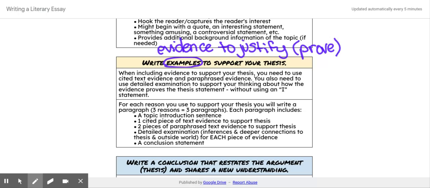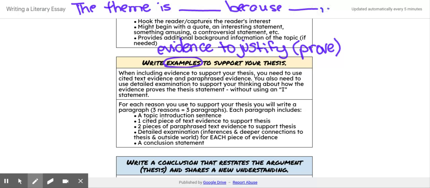So stop for a moment. I want you to think, what was your thesis statement? You had to identify the theme of the book that you were reading, and then you had to come up with 3 reasons to prove that theme.